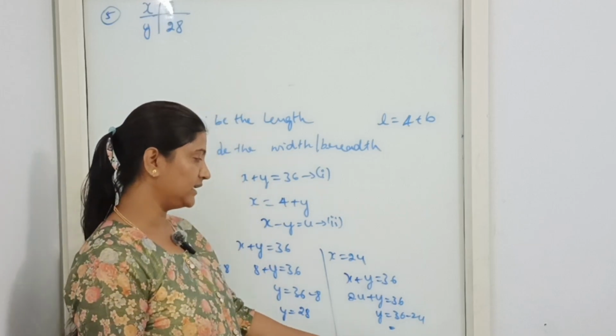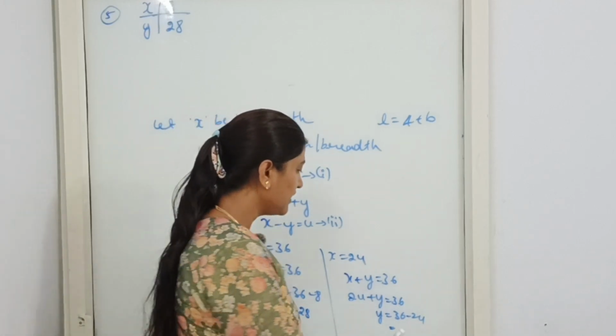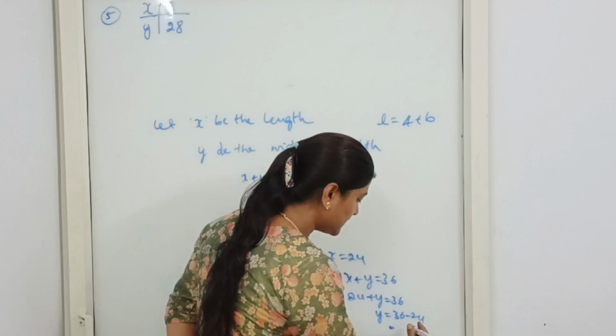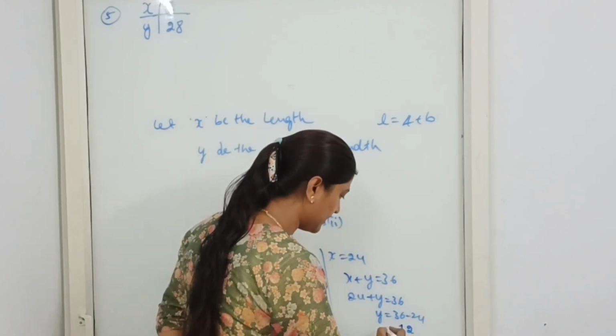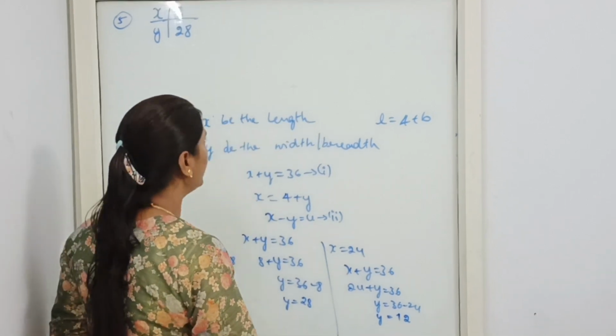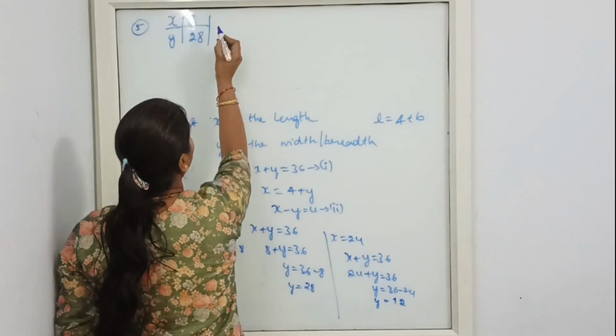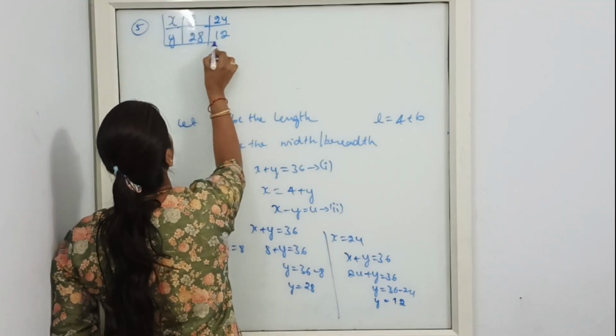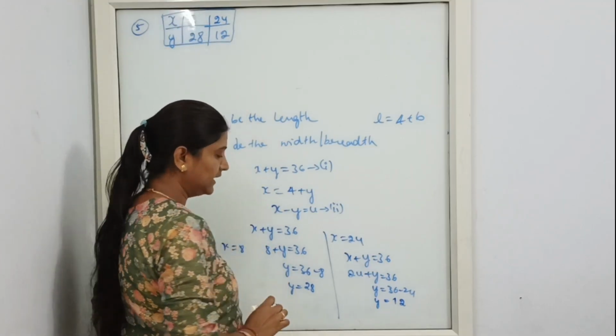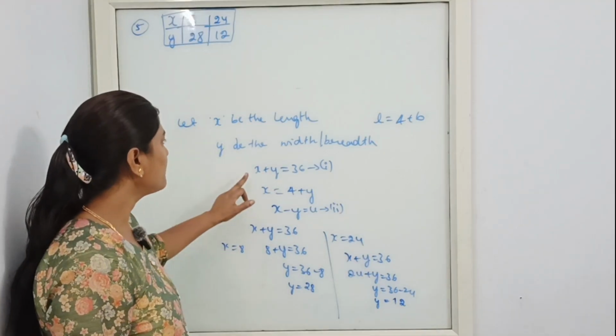Don't take more than 36, okay. Subtract: 6 minus 4 is 2 and 3 minus 2 is 1. So what we got? y is 12. If x is 24, y is 12. 2 solutions are enough. Clear? This is for the first equation.